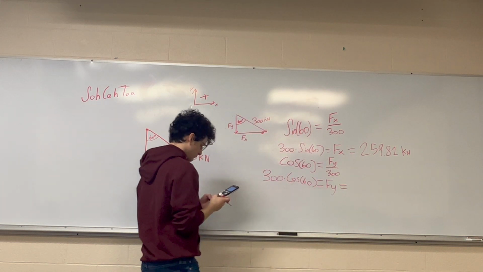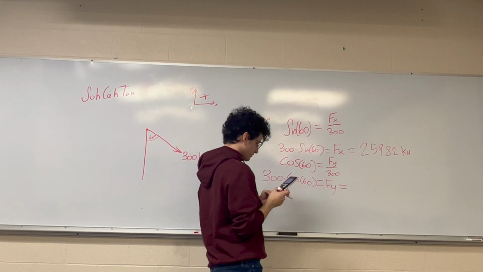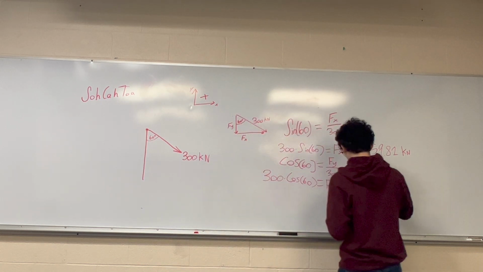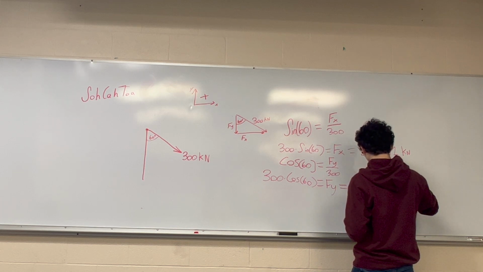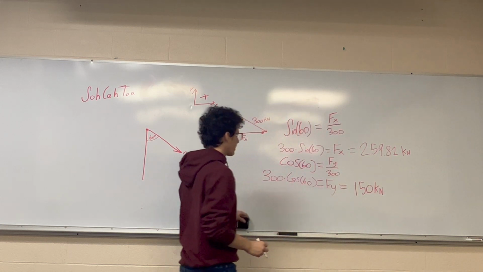Fy, 300 times cosine of 60, is 150 kilonewtons flat. And that is how you decompose a force.